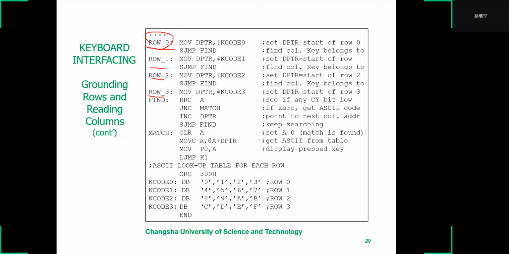After jumping to here, SJ jumps to find. This find will check the location, check the location for the net here.